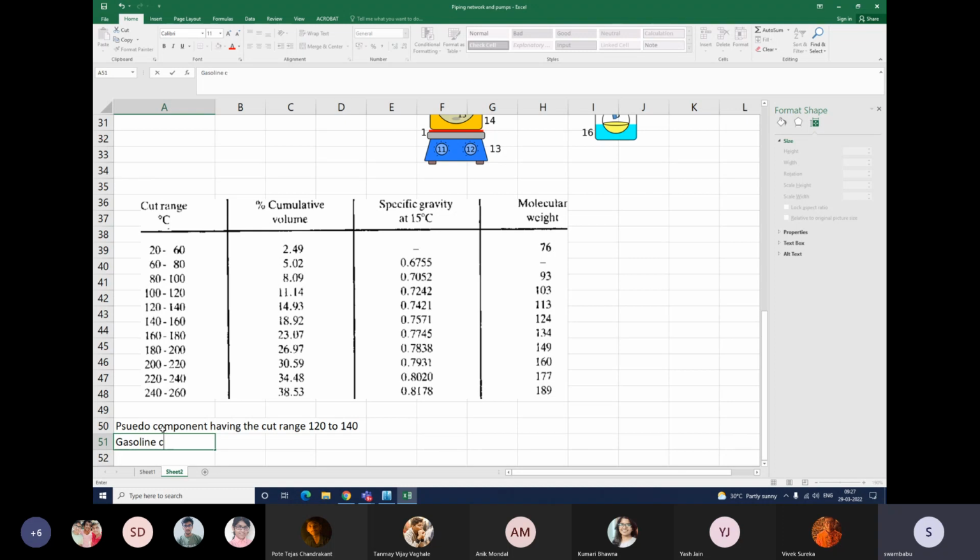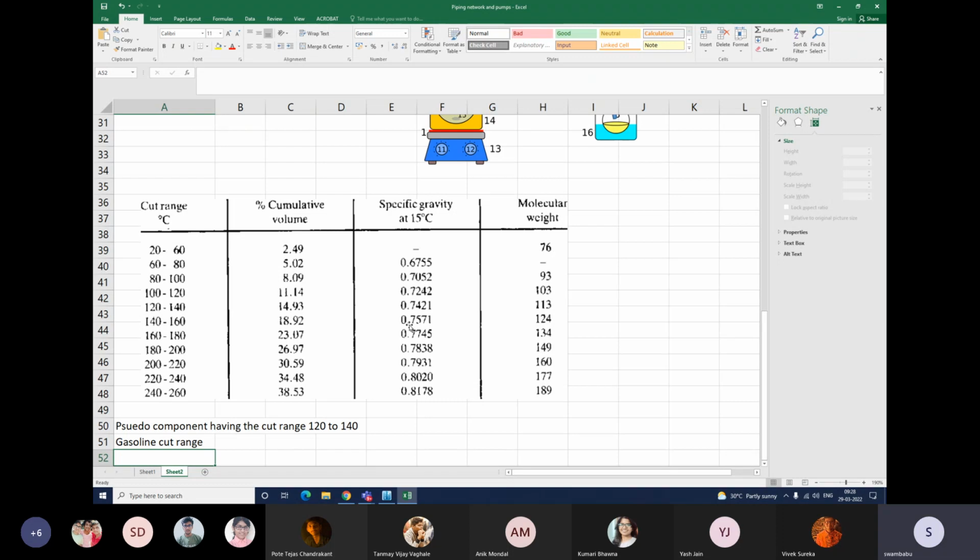From this gasoline cut range information, we can know how much gasoline can be extracted from this crude oil, how much diesel, how much kerosene, and so on. So this TBP data also tells you, after distillation or refining, what components, how much volume of pseudo components like gasoline, diesel, kerosene can be obtained.